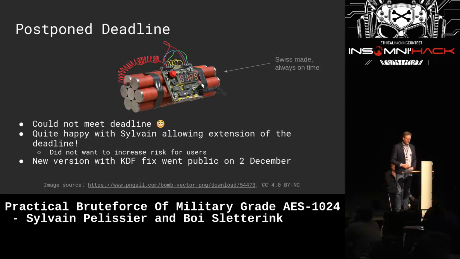So yeah, we were actually quite happy that Sylvain was like, okay, I don't want to endanger users, so let's postpone that. By then, the talk for the CCC, I think, was already confirmed. Is that right? Yeah, so we had a much harder deadline. But finally we went live with the key derivation function fix in December.